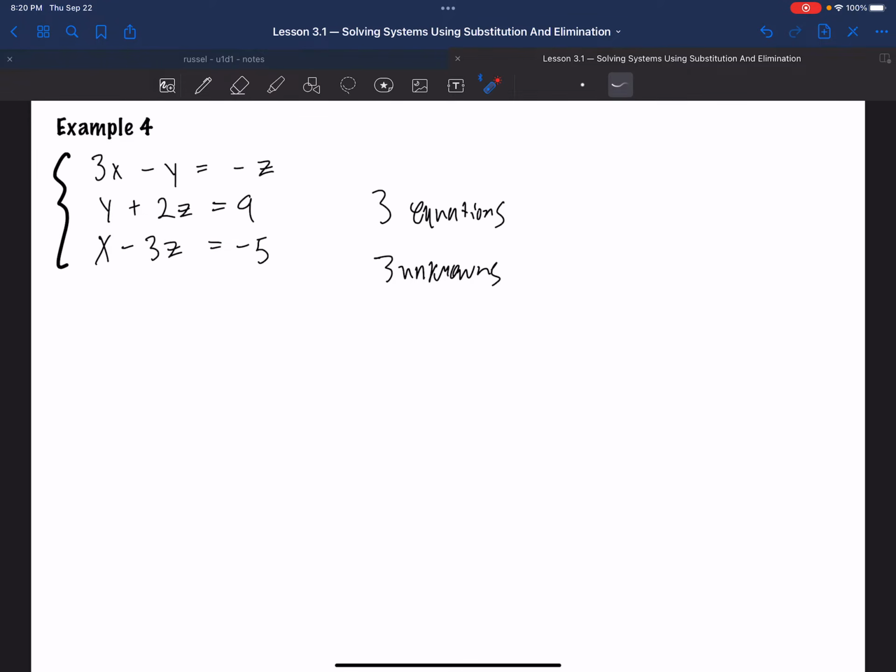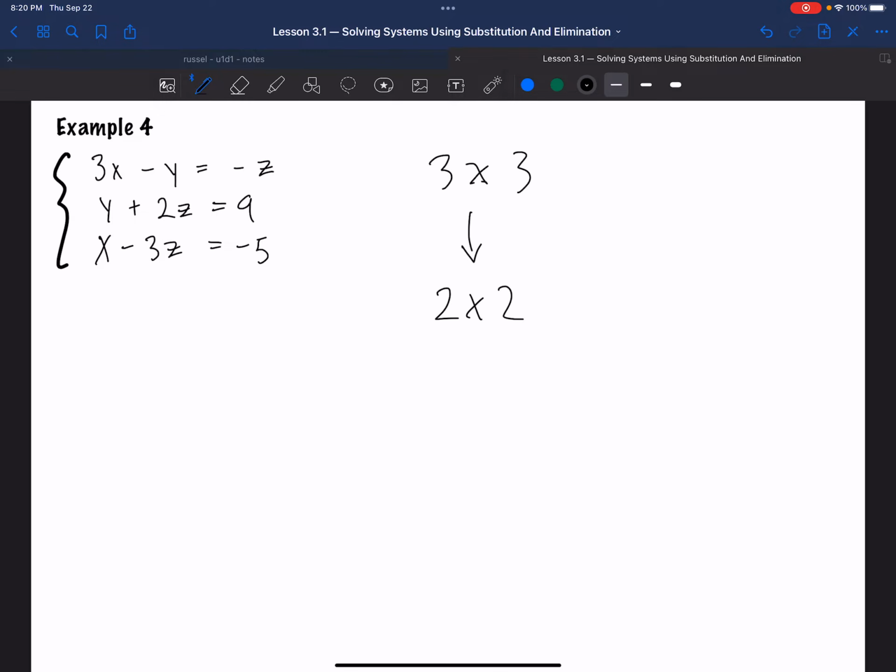So, it's not going to have all 3 in each equation, but the idea is that we are solving for 3 unknowns. So, general strategy, and this is before I write anything. The general strategy for solving a 3x3 is to use elimination procedures to reduce this 3x3 system to a 2x2 system.